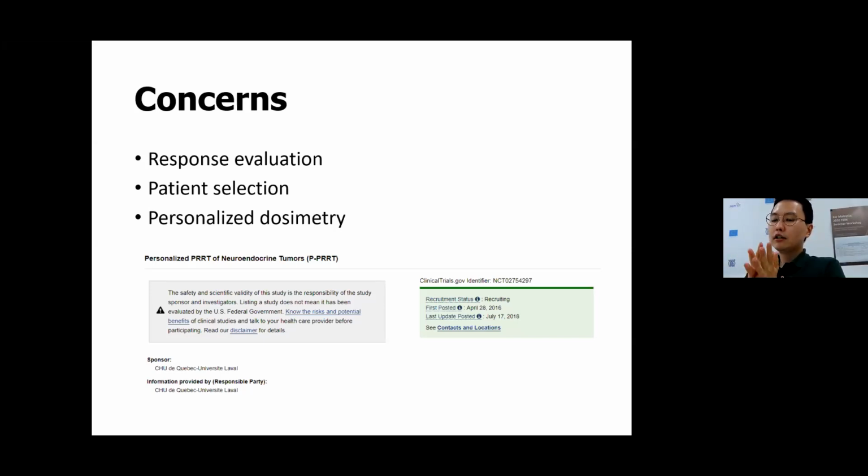However, there is some consensus that personalized dosimetry can enhance the efficacy and at the same time reduce the risk. So for personalized PRRT of neuroendocrine tumor, there is a clinical trial to do the dosimetry and adjust the dose.